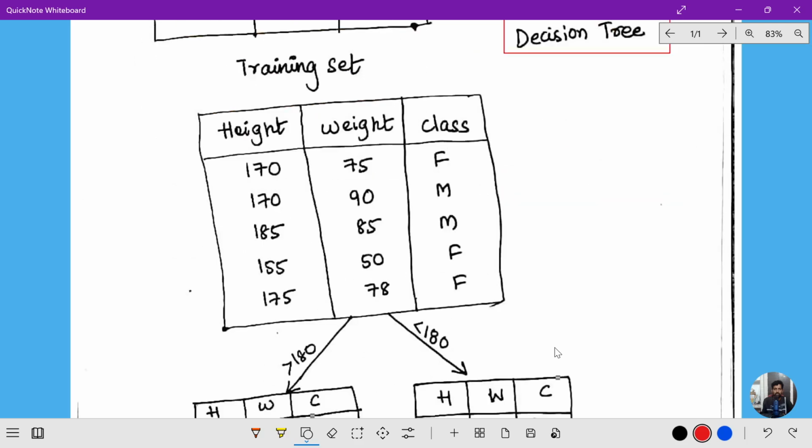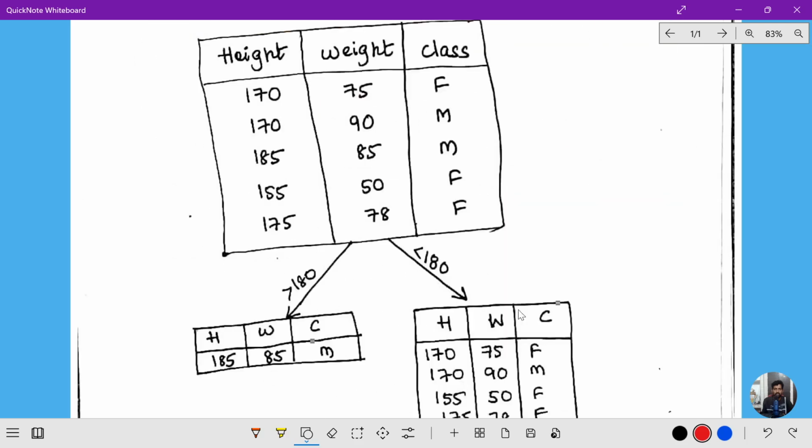Okay, now you observe how to draw this decision tree. In the first one, let us assume the parameter is height. When I say the splitting parameter is height, what is going to happen?